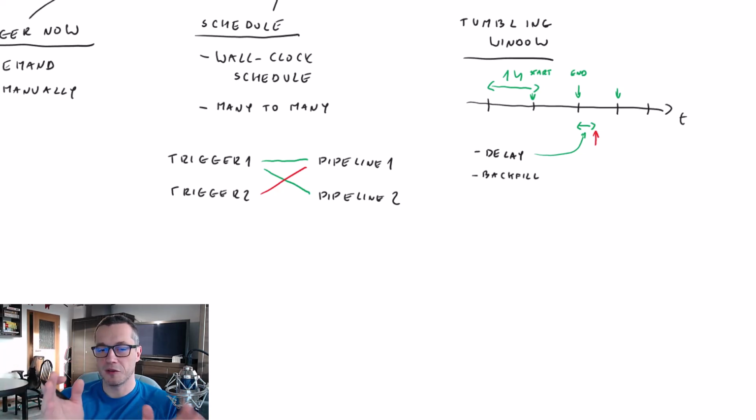So the first one would be from midnight to 1 a.m., the second one from 1 a.m. to 2 a.m., the third one from 2 a.m. to 3 a.m., and so on. So it will allow us to very quickly backfill data from the past. That's a nice thing we have available in tumbling windows that doesn't exist in the schedule ones. So we've got these concurrency options available.